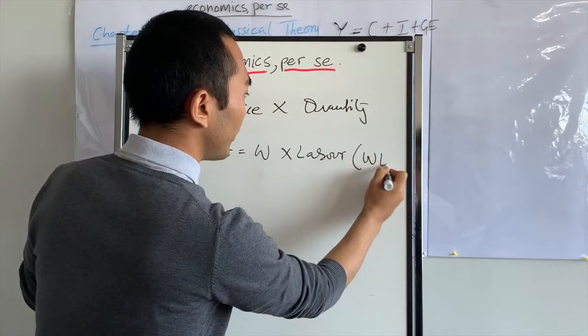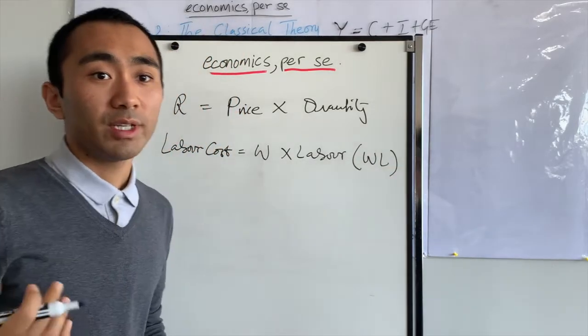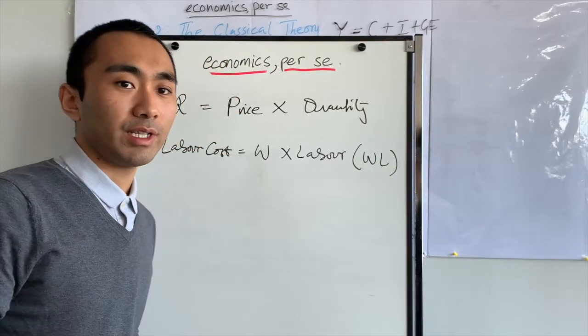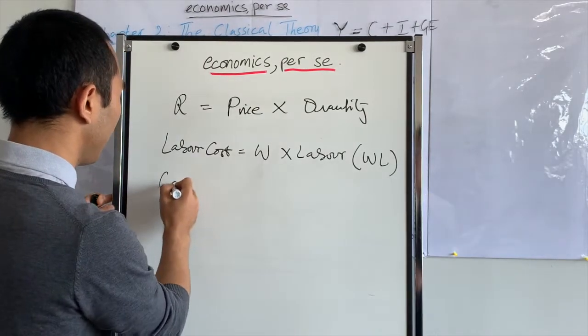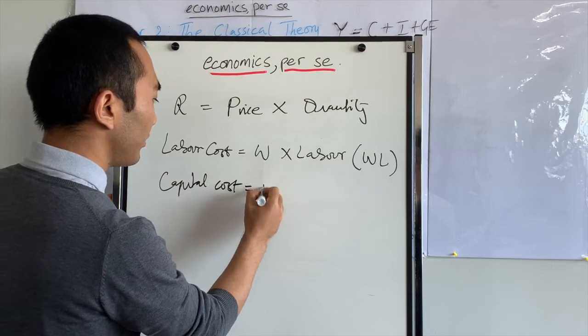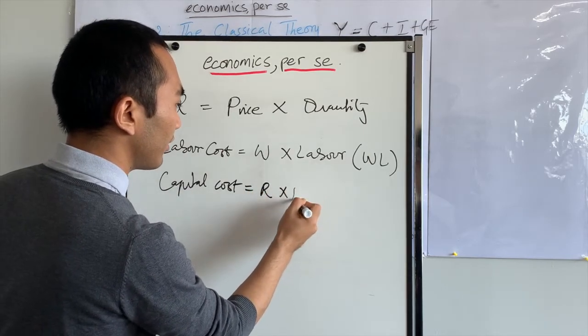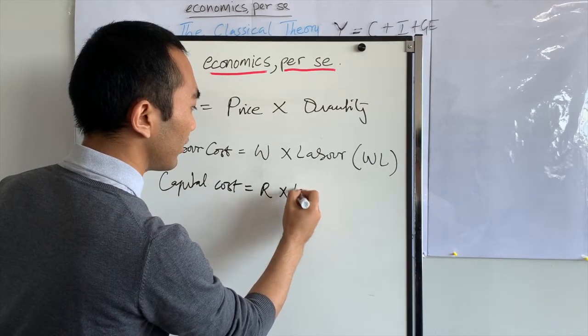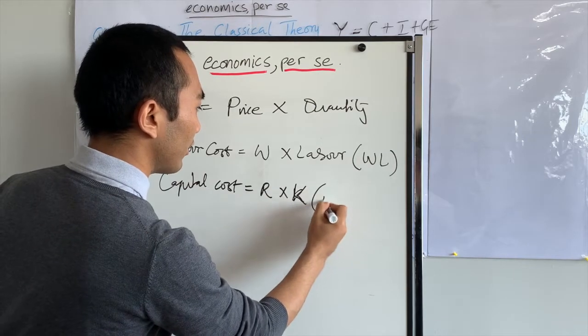We'll call this WL. What is capital cost? Capital cost is rent times capital. This is K, and we call it RK.